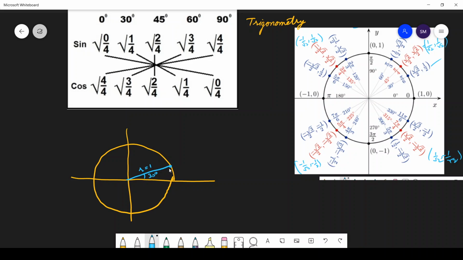So for 30 degree, its coordinates are cos theta, sine theta, and we have just found the value of cos 30 degree. So what's the value of cos 30 degree, students? Root 3 by 2. Yes, sir. And what is the value of sine 30? Yes, that is 1 by 2.